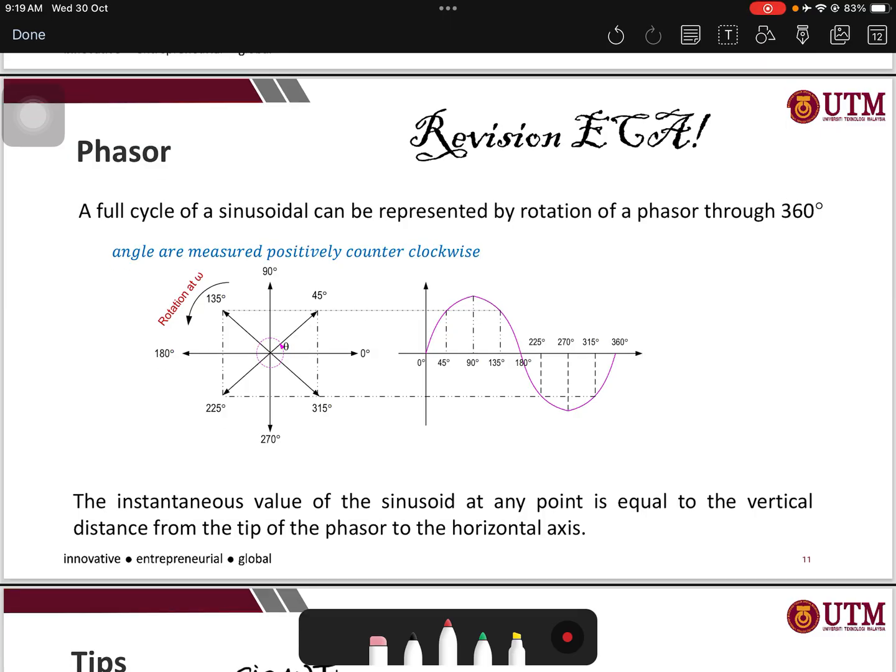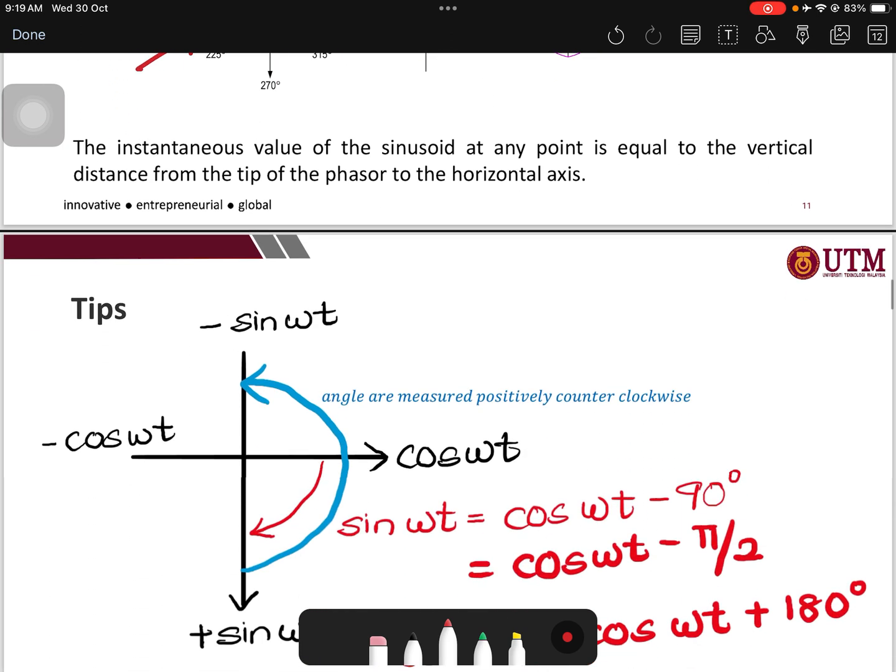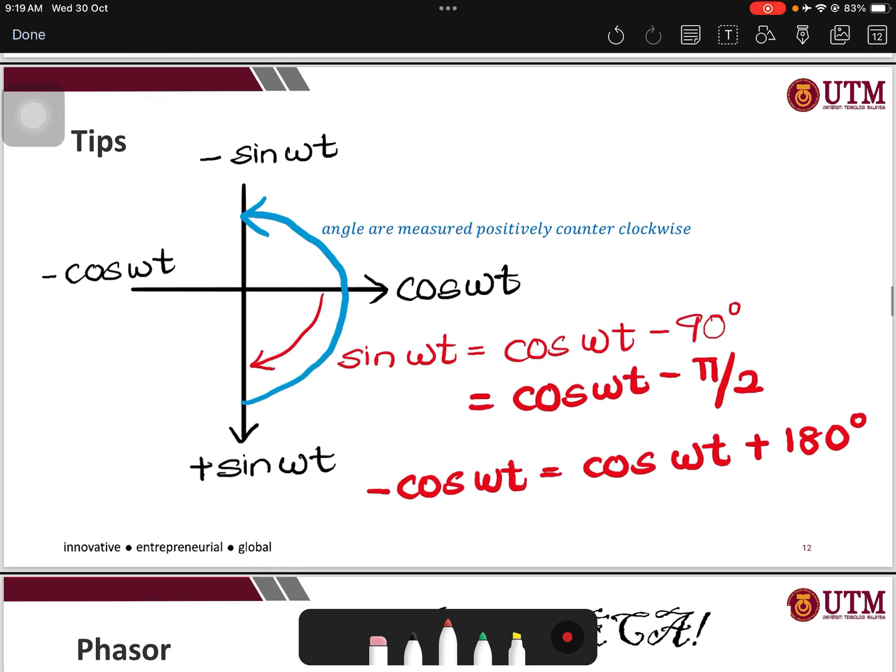You need to remember that this angle is measured positively counterclockwise, meaning anti-clockwise.